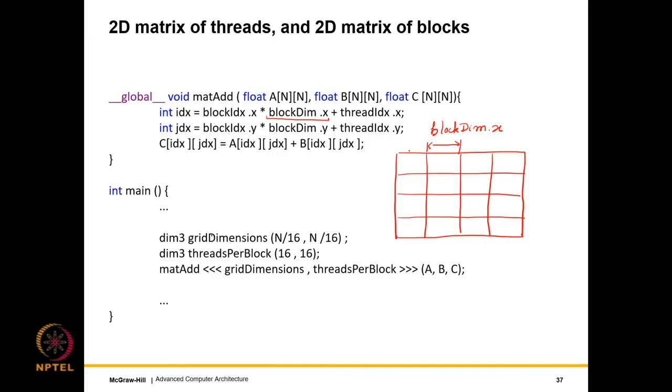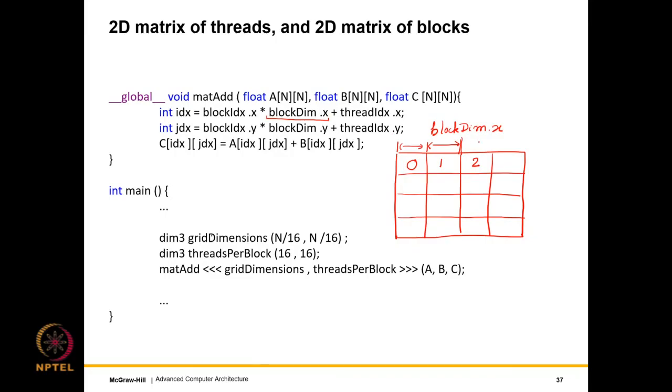Let's say the block index is 2. Then this would be the 0th block, first block, and second block. So the block index is 2. What we do is we multiply 2 times blockDim.x, which is exactly what you see here: blockIdx.x times blockDim.x. So we multiply 2 times the block dimensions, and then we get the starting point of this block.